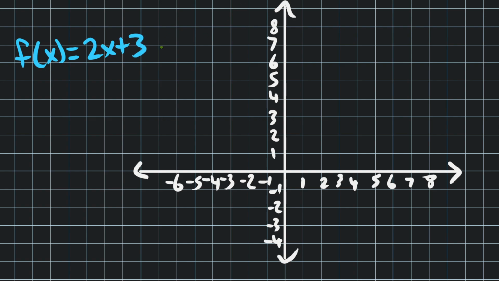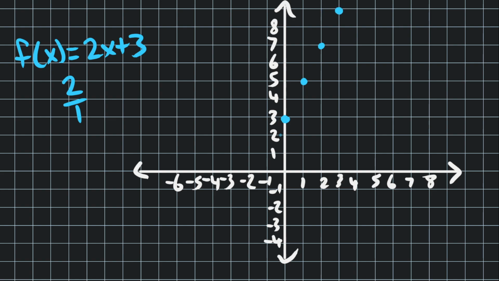So f of x equals 2x plus 3. This is a linear function, so we know it has a y-intercept of 3. So we will go ahead and start at 3. 3 is up here. And we know the slope is 2, so that means the rise over run is 2 over 1. Rise 2, run 1. Rise 2 over 1, rise 2 over 1.